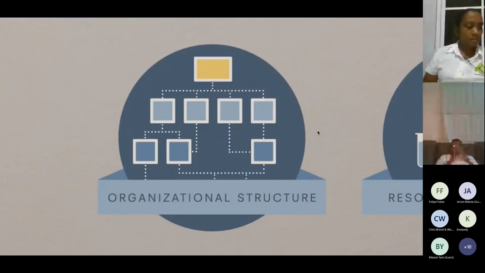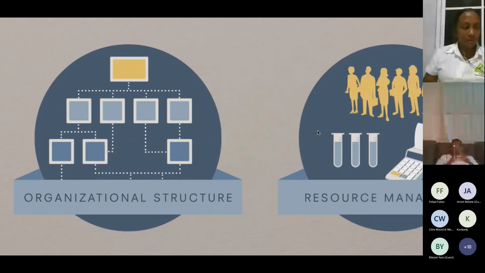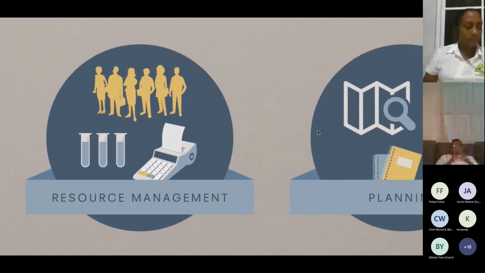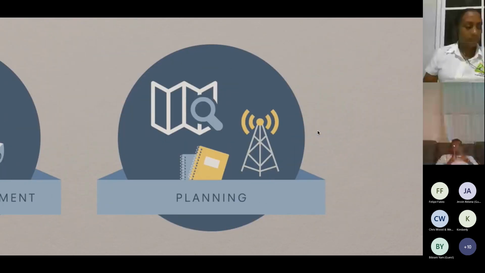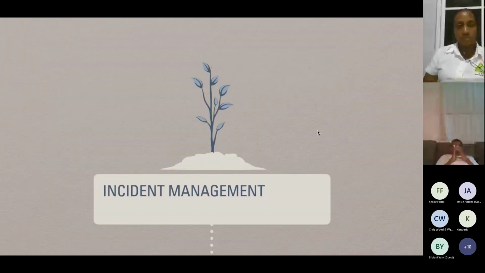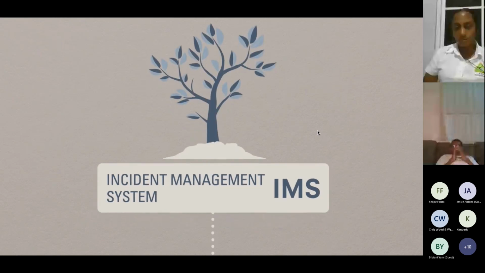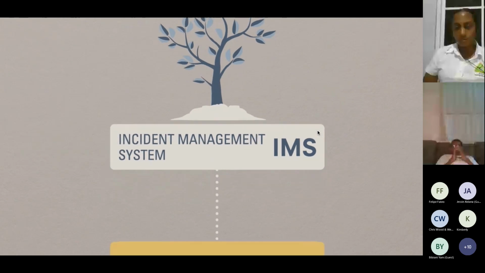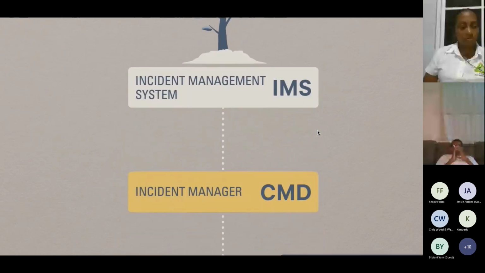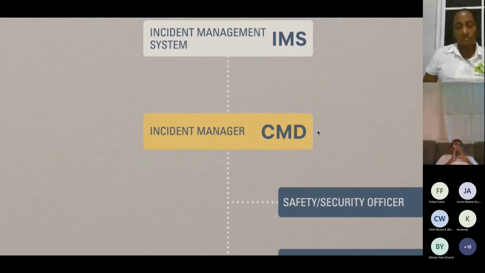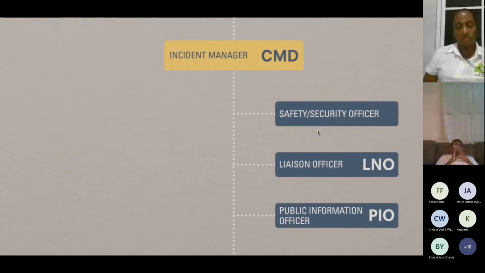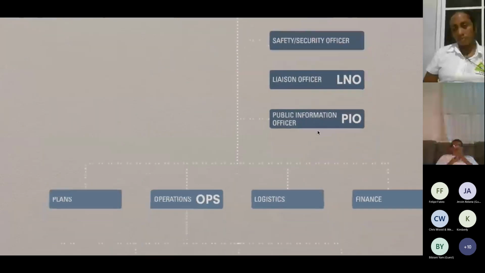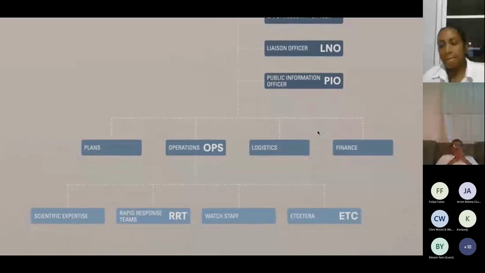A clearly defined chain of command and organizational structure, effective resource management, and advanced planning are important aspects of an emergency response. An incident management system, or IMS, is an internationally recognized model based on these principles. IMS provides the root structure needed to grow your emergency response plan and make it strong enough to withstand natural disasters, disease outbreaks, or any hazard.